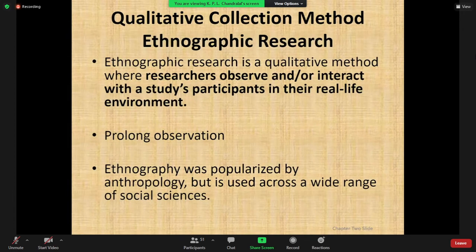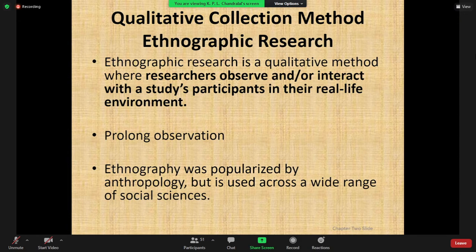ethnography. So this is also a very popular social science research, particularly a qualitative research technique, ethnography. The root of this research is social science, particularly sociology and psychology. They use this method, but now it is gradually becoming popular even in the management field, particularly among marketers.